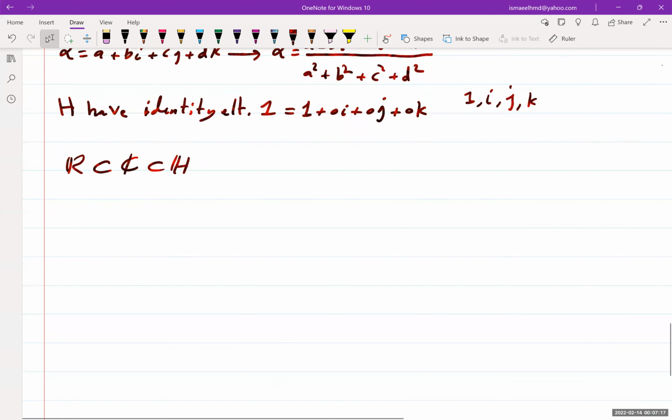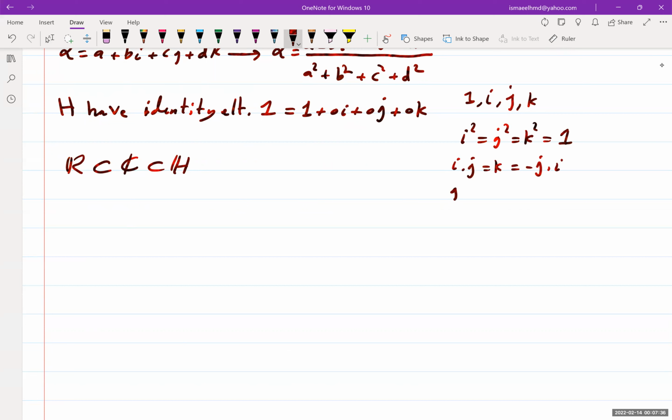That means we have i square, j square and k square equal to minus 1, and i dot j equal to k and equal to minus j dot i, and j dot k equal to i and equal to minus k dot j.